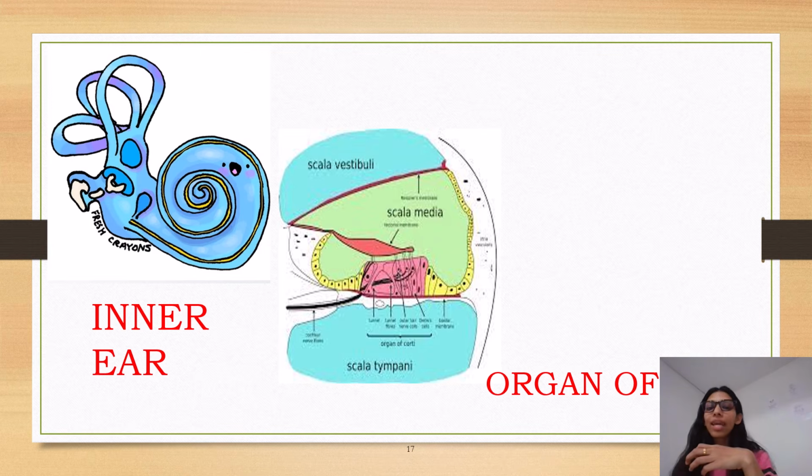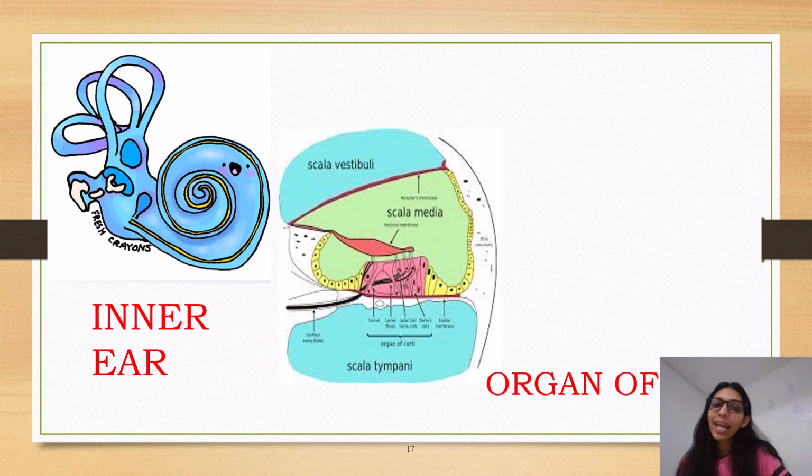And if you see, the scala vestibuli and the scala tympani are interconnected with each other through an opening called the helicotrema, which we'll be talking about in later lessons. Hence, since these two are linked, both the scala vestibuli and the scala tympani have a similar fluid, the perilymph, whereas the scala media is a separate section and it has endolymph fluid inside.